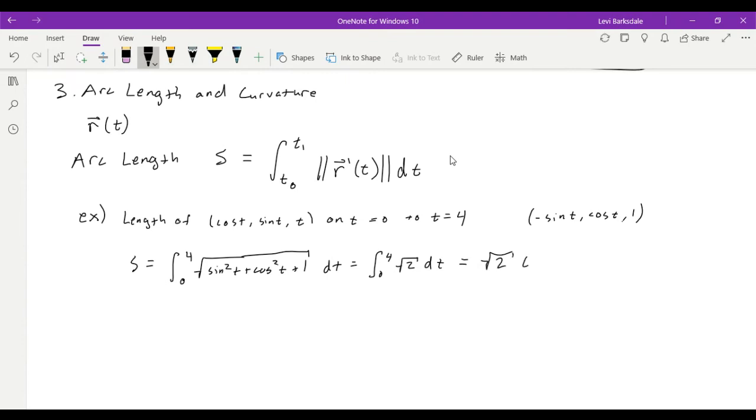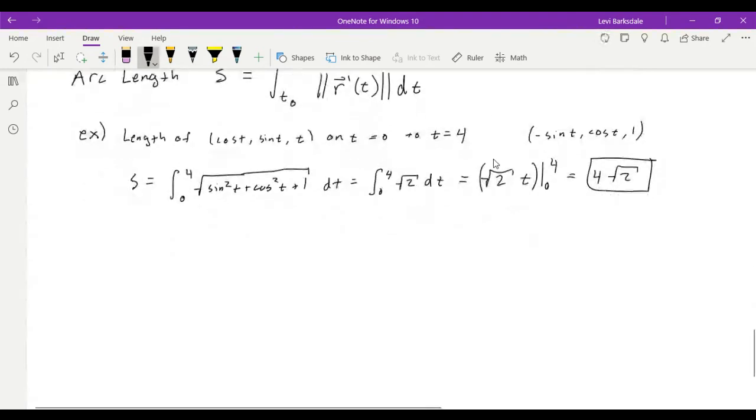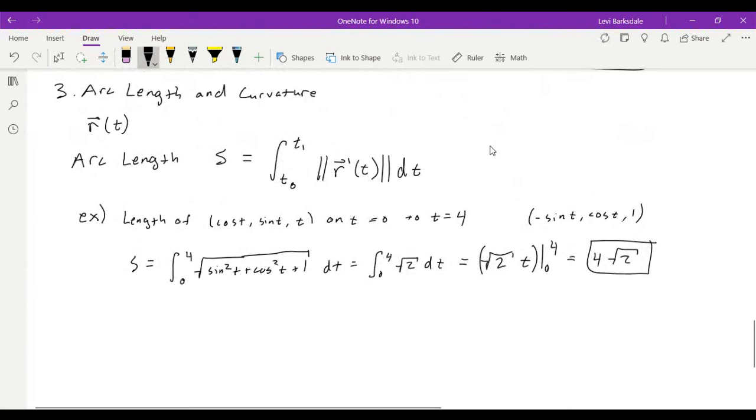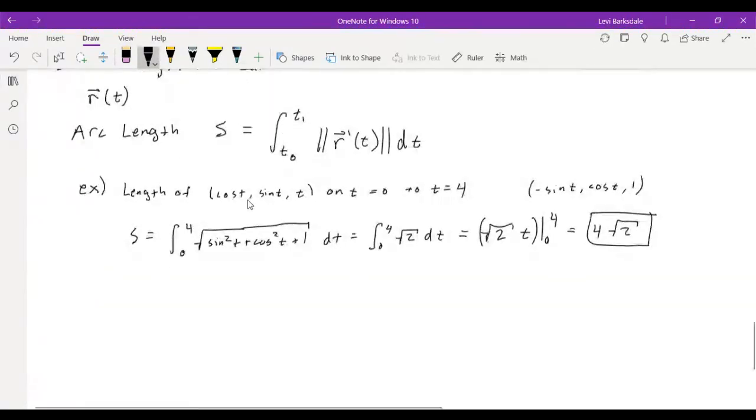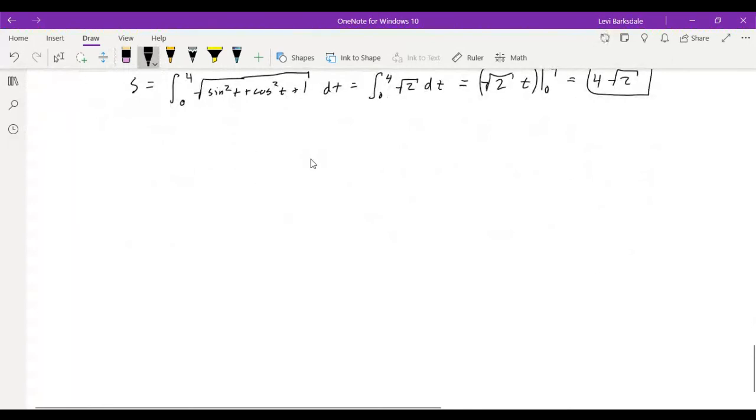And of course, that comes out to be the square root of 2 times t from 0 to 4, which gives 4 square root 2 as our arc length. Now that wasn't a super hard problem, but basically that's how you use the formula.